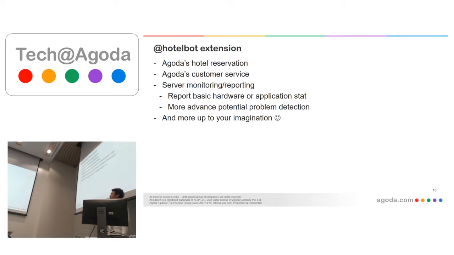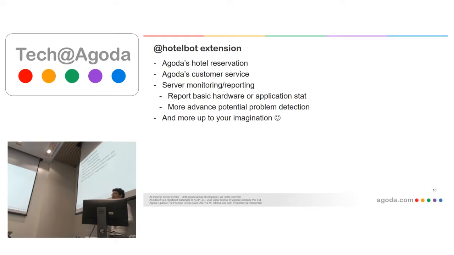And I think there are a lot of technical things that we can make the bot do for us, like server monitoring, reporting hardware status. Maybe we can set a threshold. We can also combine it with machine learning. We get a lot of data for the server, for the hardware, for the code exceptions.